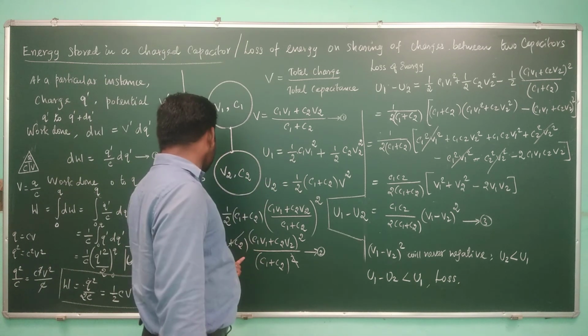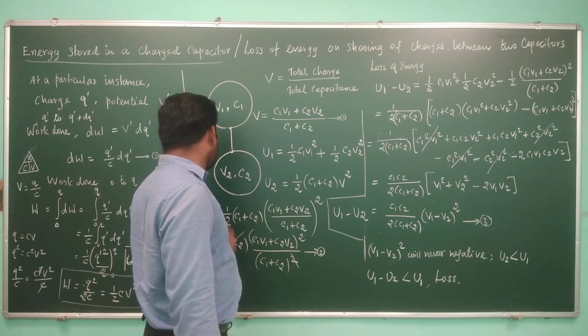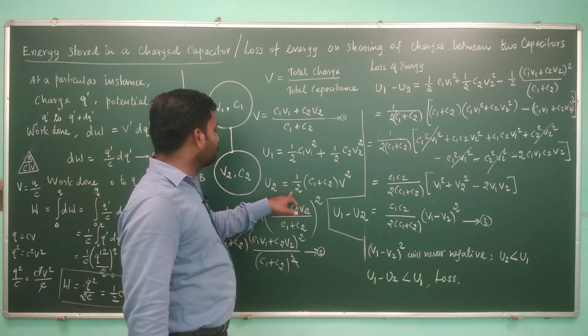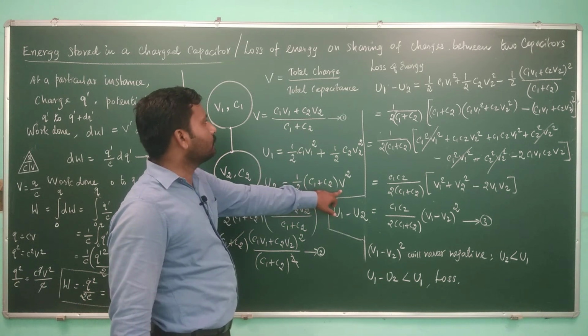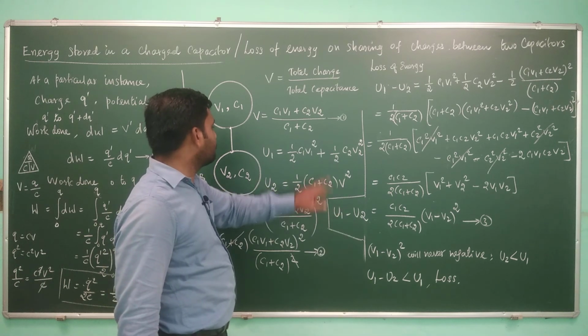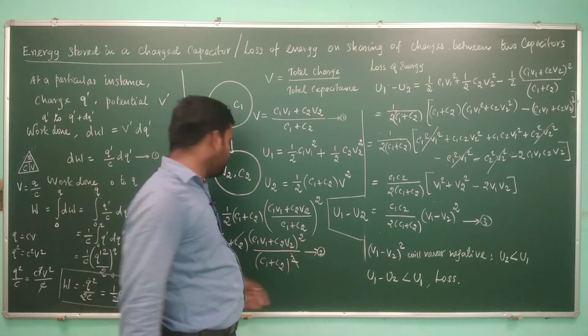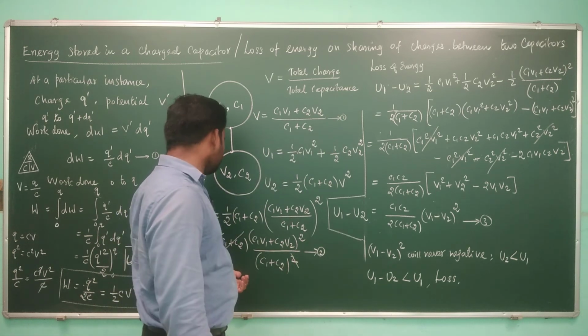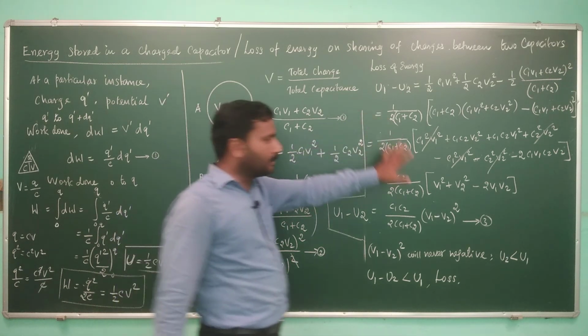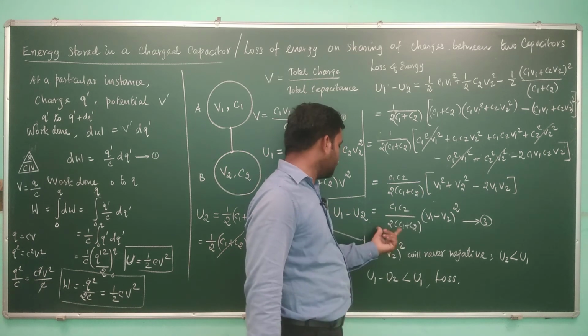So what is this expression? U1 is 1 by 2 C1 V1 square plus 1 by 2 C2 V2 square, minus this term. And we have done all the arithmetic calculations, and we end up here.